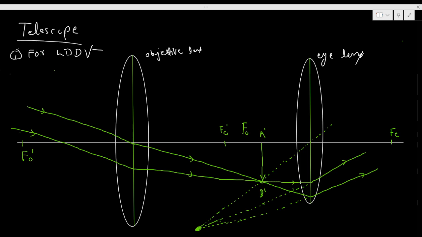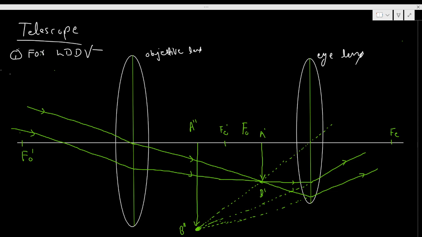So when we draw these backwards, we got the point of intersection. And at this point we have the image, and that is the final image, A double dash B double dash. This is the final image.